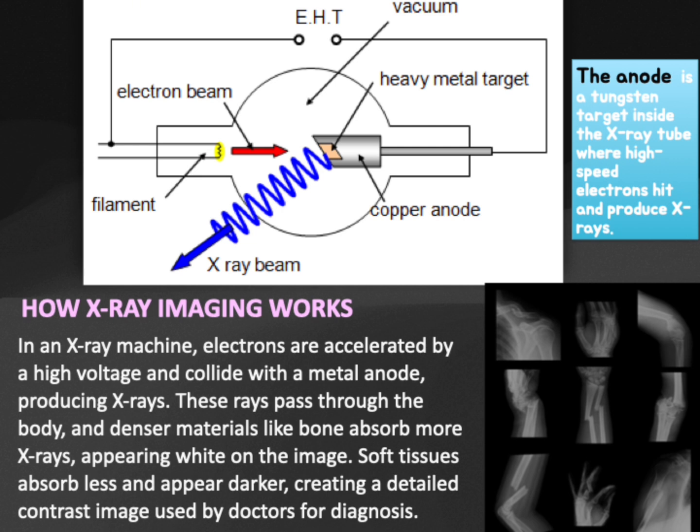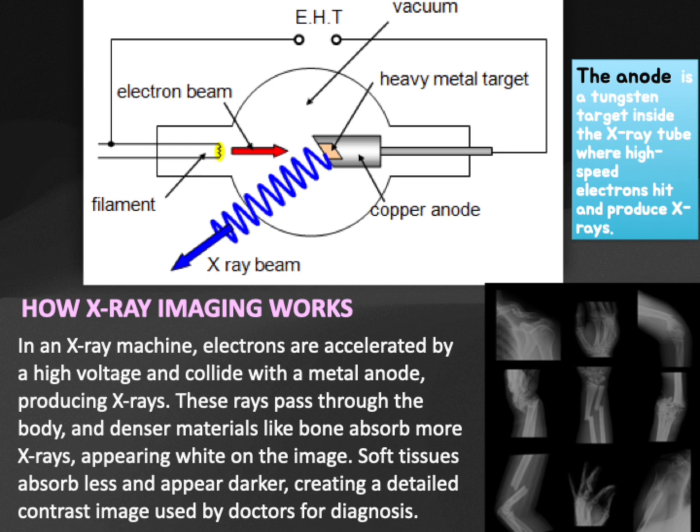How X-ray works. In an X-ray machine, the electrons are accelerated by a high voltage and collide with a metal anode. So what's the anode? The anode is a tungsten target inside the X-ray tube where the high-speed electrons hit and produce X-rays.